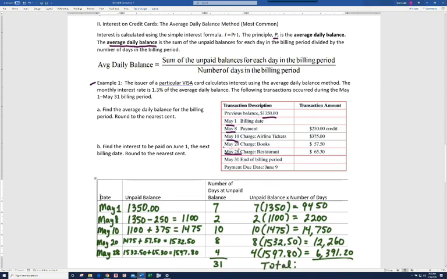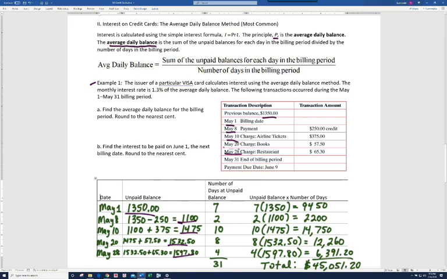And so our total, if you add these up, is $45,051.20. So if you added 7 of these, 2 of these, 10 of these, 8 of these, and 4 of these, you would get the $45,051.20. That's the idea here.